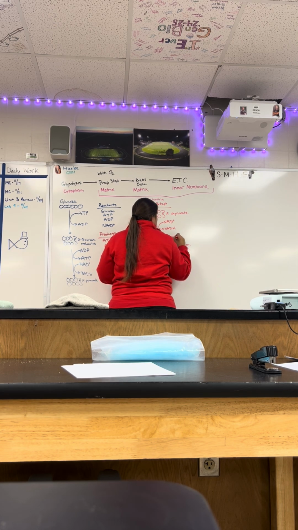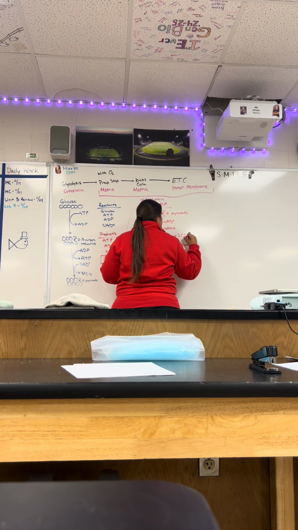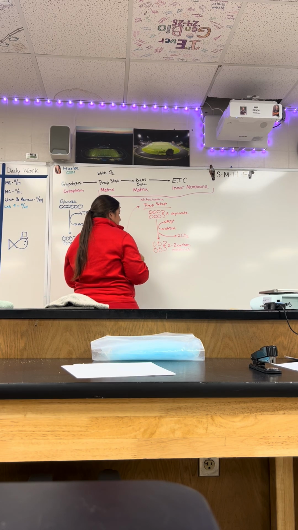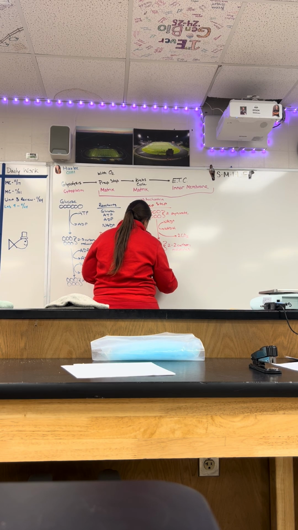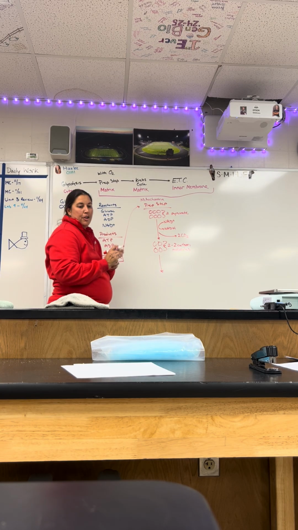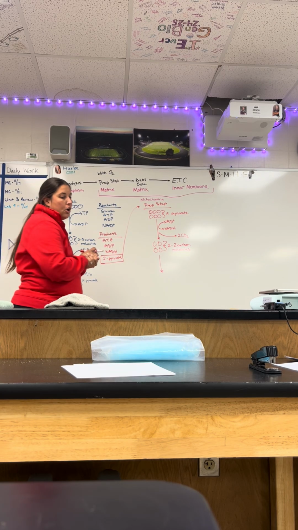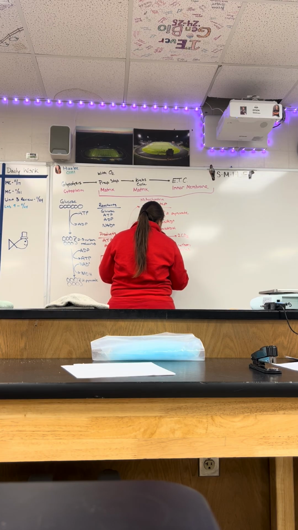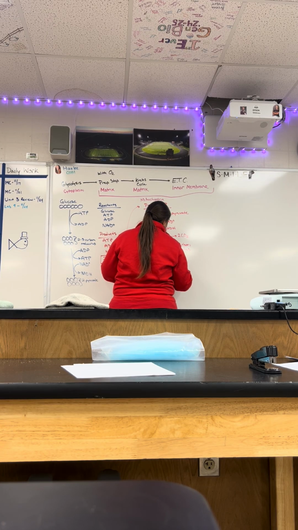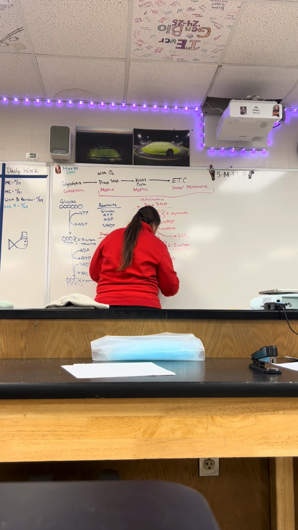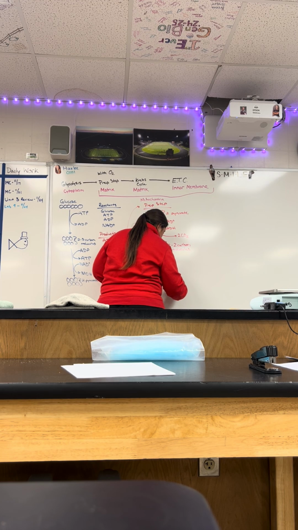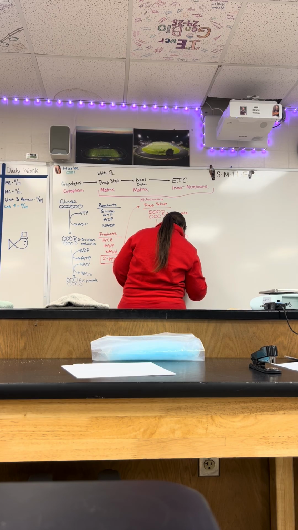And in the process, we released 2 carbon dioxide. But we're not done. Those 2-carbon molecules also have 2 coenzyme A join in, and we have now produced 2 acetyl coenzyme A.